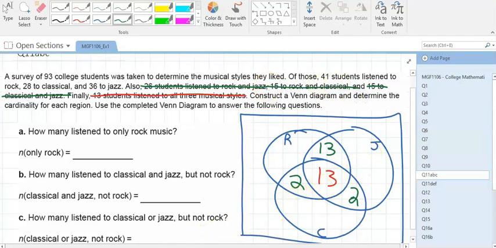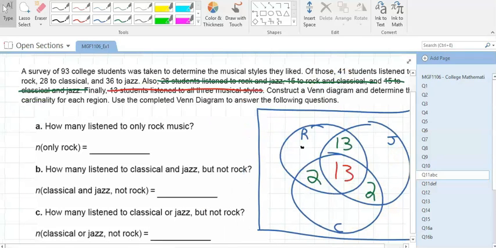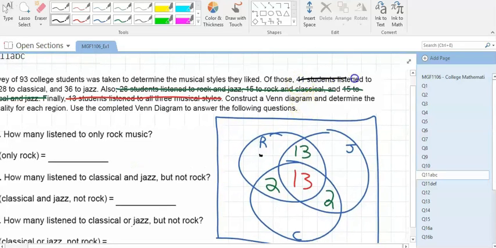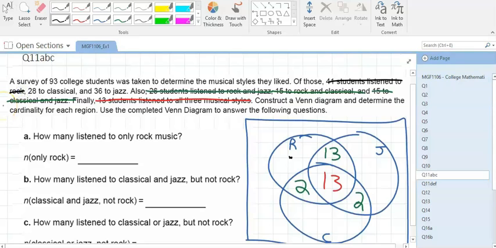And now we're going to continue to progress outward. So, now, right here, this is all about rock students, where my black dot was. This is all about rock. So, what do I know about rock students? There are 41 rock students. But again, we already have some of these taken care of.